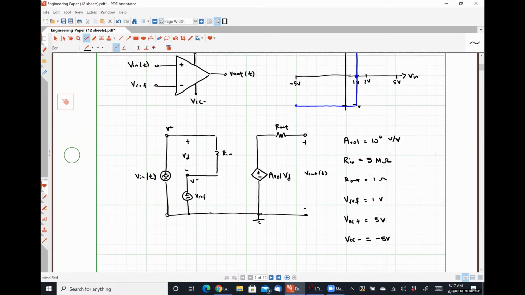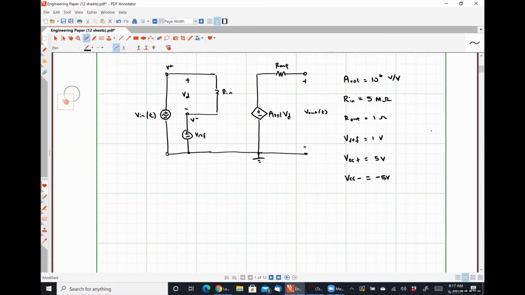We can say that for our non-inverting amplifier, V out is equal to VCC plus whenever Vin is greater than our reference voltage.